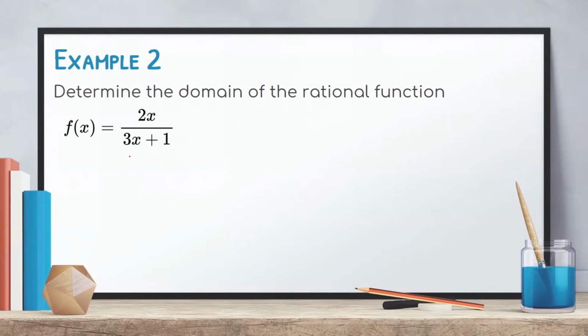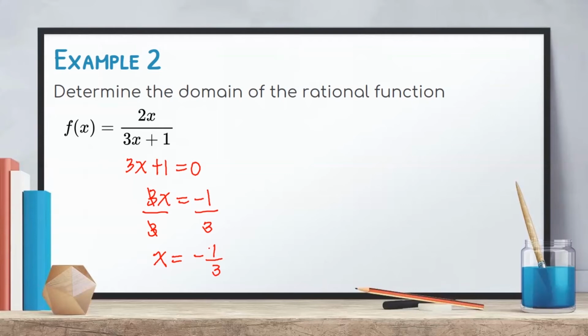Therefore, we will have 3x plus 1 equals 0. Isolate the constant term to the right side of the equation, giving us 3x equals negative 1. And to solve for the value of x, let us divide both sides by 3. Therefore, we will have x equals negative 1/3.